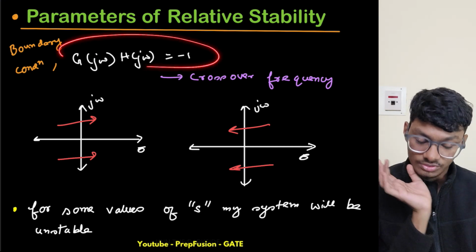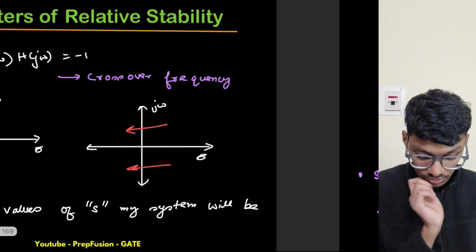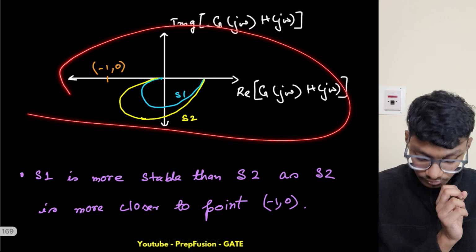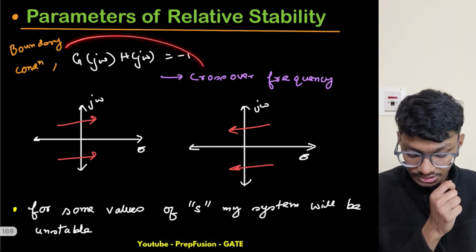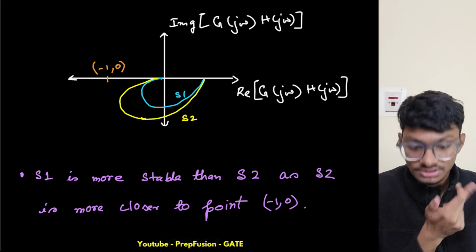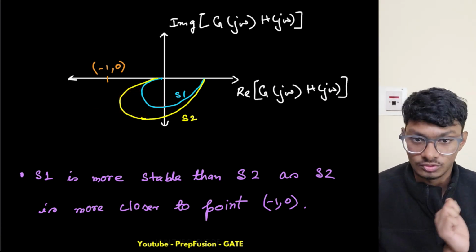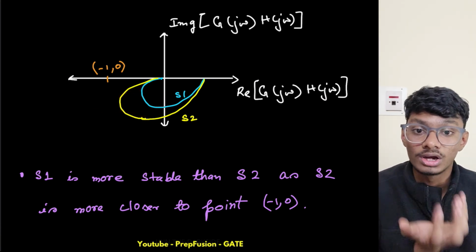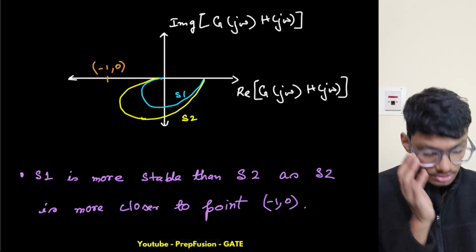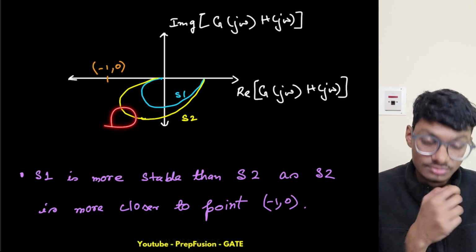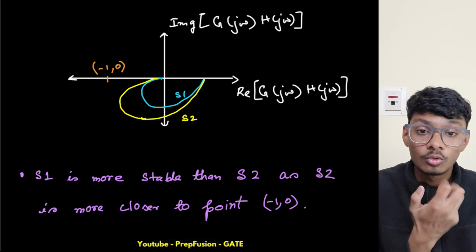If this equation is satisfied, we find that, but that is for absolute stability. This will give me an absolute answer. But what happens if both of them don't cross the -1 point? Both of them are stable, that is fine, but how can I further quantify which one is relatively more stable?